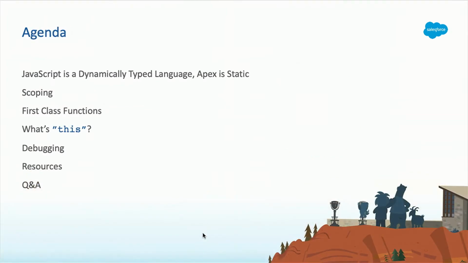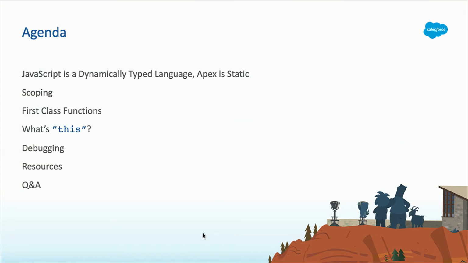So here's a little bit of an agenda of what we're going to go through today. Just some of the foundations of what I think are necessary for an Apex developer to write JavaScript, how JavaScript compares with writing Apex, and hopefully that'll give you a foundation to build from. We'll start with a comparison on typing and scoping in JavaScript and Apex and the side effects of those differences.